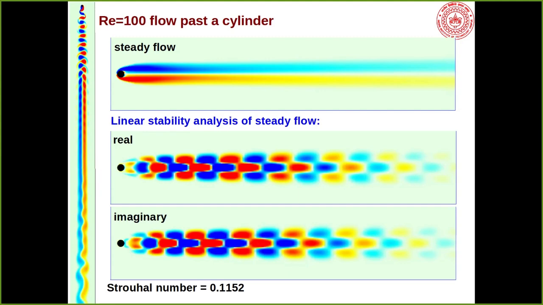It is staggered. Okay, if you look at these flow structures, they look very similar, but they are a little bit out of phase. This blue is shifted a little bit to the right. This red is shifted a little bit to the right. Otherwise, they look very similar. This is the Strouhal number that comes out of the instability, the imaginary part of the eigenvalue.